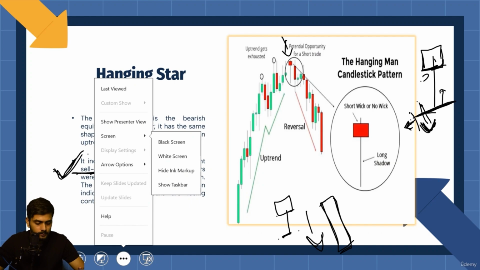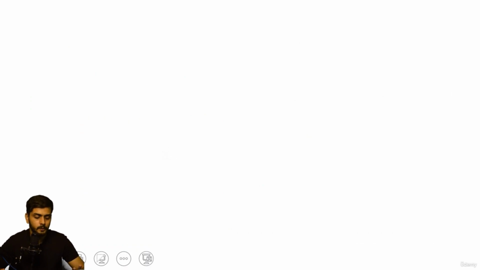Okay, just to explain it a little bit further on the white screen, generally it is formed in an uptrend.